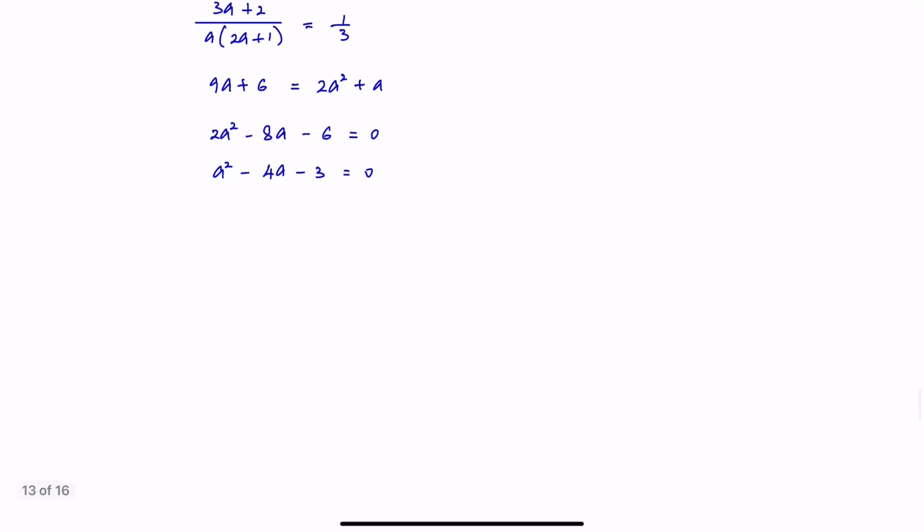And now we can use the quadratic equation. Now we have a quadratic equation. We can use the formula to find a. So we have a equals minus negative 4 plus minus the square root of negative 4 squared minus 4 times 1 times negative 3, square root the whole thing, over 2 times 1.